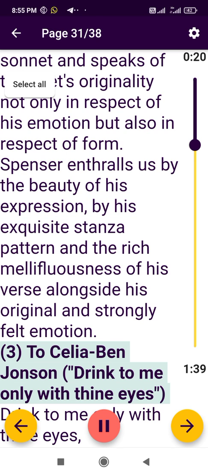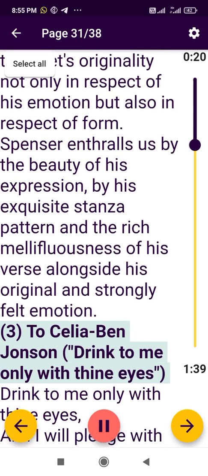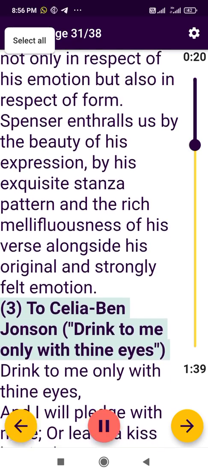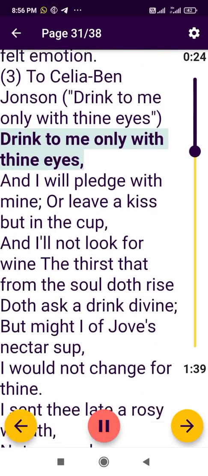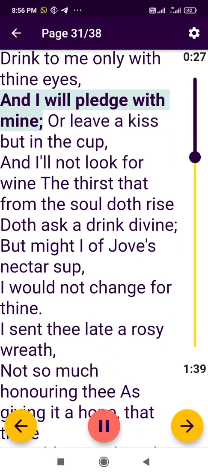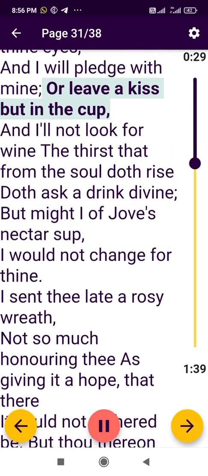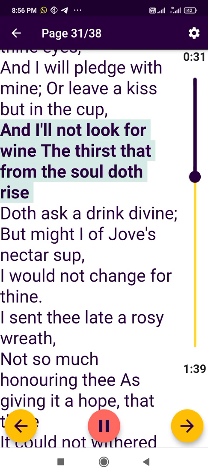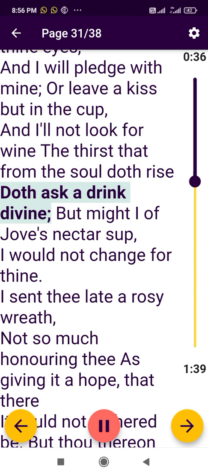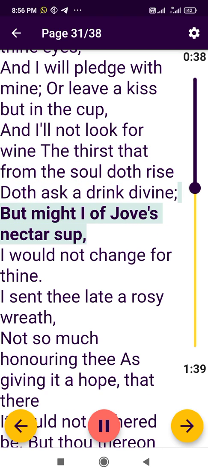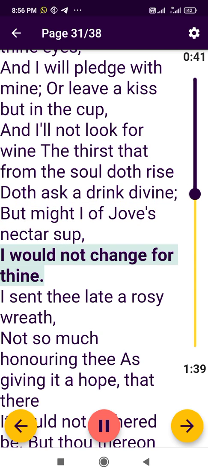3. To Celia, Ben Jonson. Drink to me only with thine eyes, and I will pledge with mine, or leave a kiss but in the cup, and I'll not look for wine. The thirst that from the soul doth rise doth ask a drink divine, but might I of Jove's nectar sup, I would not change for thine.